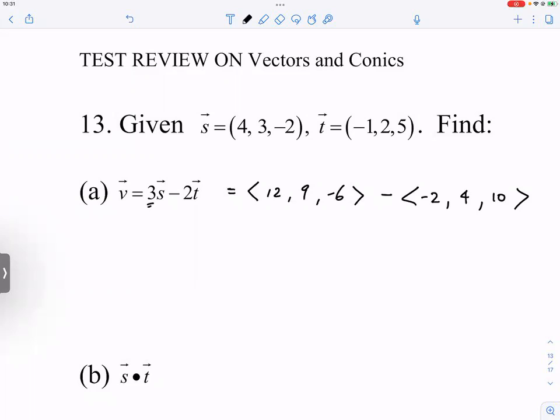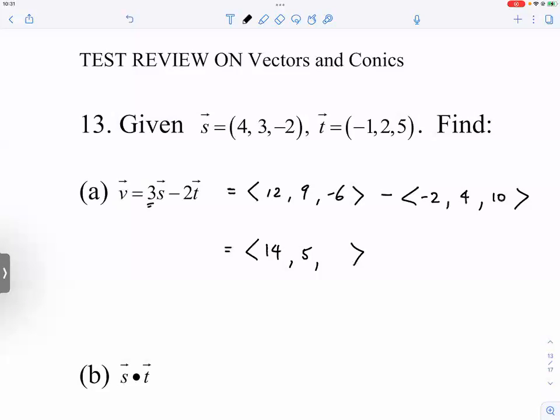Okay? And then you understand that it is a subtraction. Therefore, you just tell your mind that, okay, you have 12 minus negative 2, which is 12 plus 2, 14. 9 minus 4, 5.